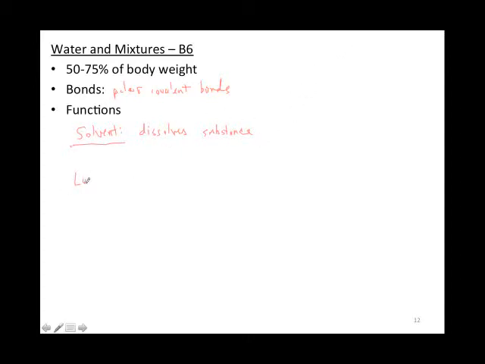It's important as a lubricant. It's important in body compartments because it forms a film that reduces friction. It's a reactant.